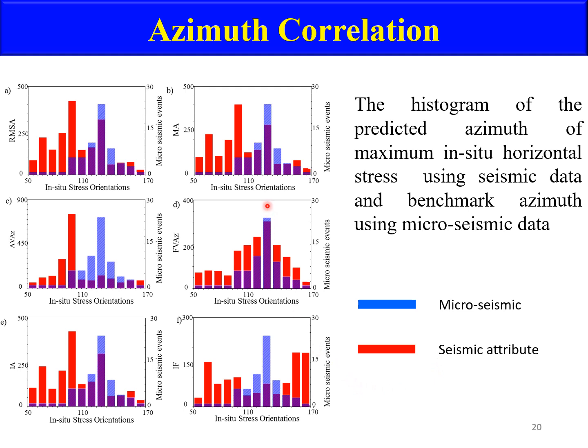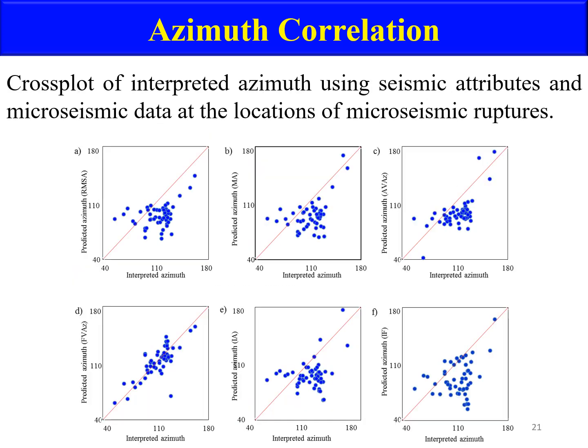Note that we have obvious differences between the predicted azimuths of anisotropy computed from seismic attributes. By comparing the distribution of the histograms, we can say that seismic dominant frequency has the best correlation with the benchmark azimuth computed using microseismic data.